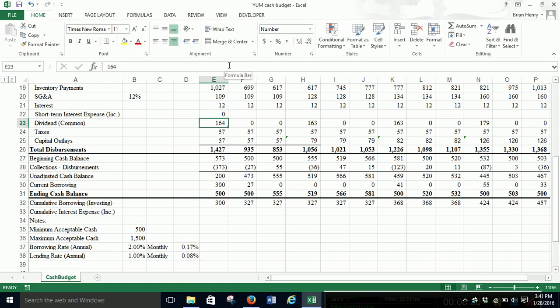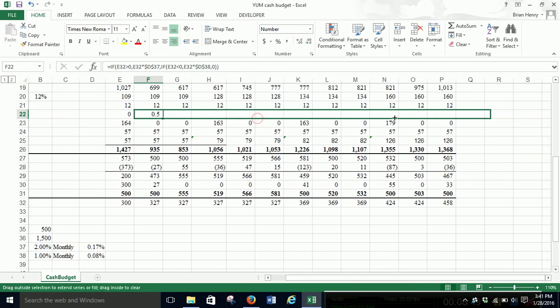Okay, so it should be 0, and then as I drag this over, now it's going to say, oh, we had 300 in cumulative borrowing, and we can add some decimals, which accumulates. It means we pay $500,000 in interest in February for that short-term borrowing. Okay, and so we can leave it like that.